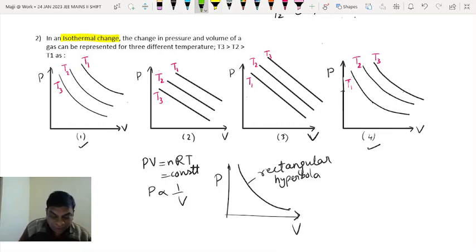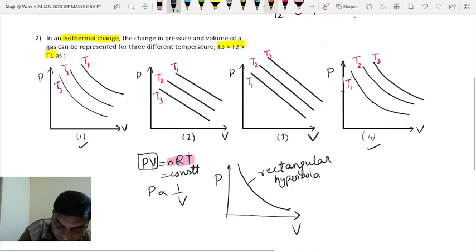Then in order to ascertain which of the two is correct, we need to pay attention to this condition: T3 is greater than T2 is greater than T1. Now you can see that the product of pressure and volume must be equal to nRT. So higher the temperature, more will be the product PV.